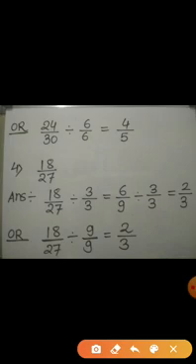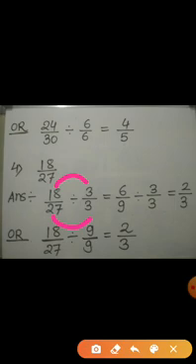Now see the last example. The fraction is 18 upon 27. The common factors of 18 and 27 are 1, 3 and 9. Out of these 3 factors, you can divide by any factor except 1. Now here you can see I have divided both numerator and denominator by the same number, that is 3.